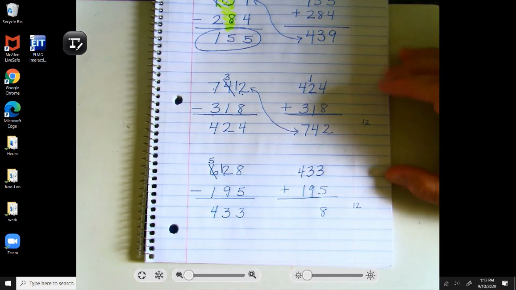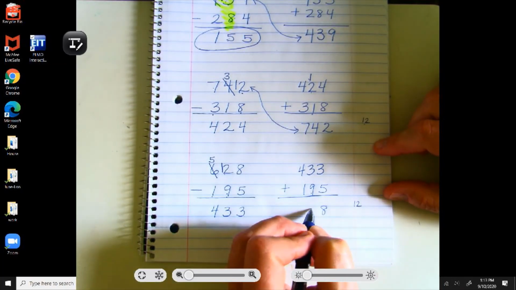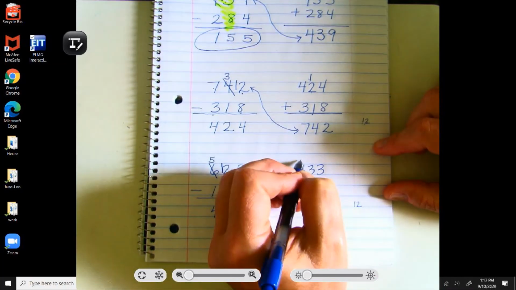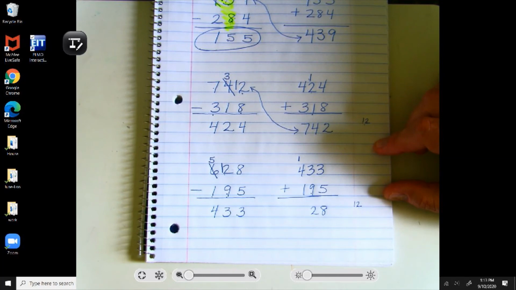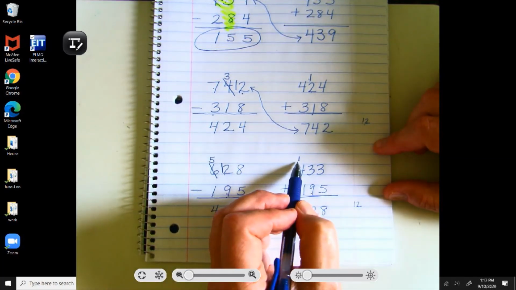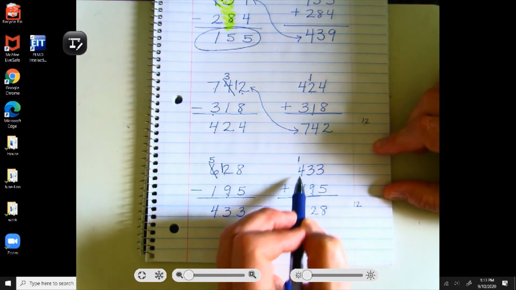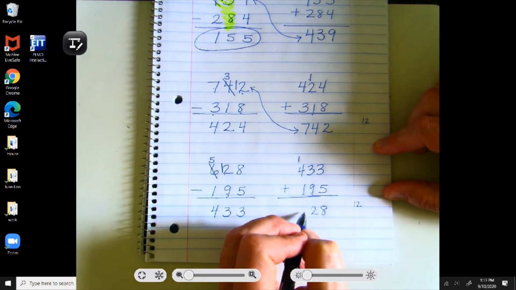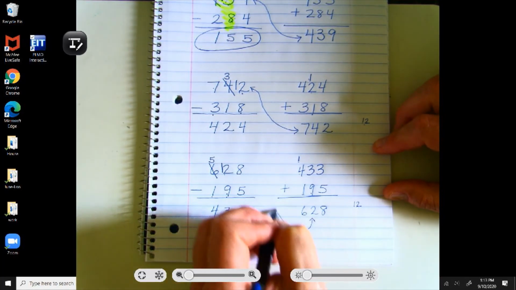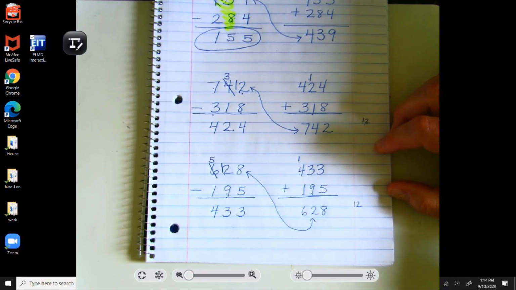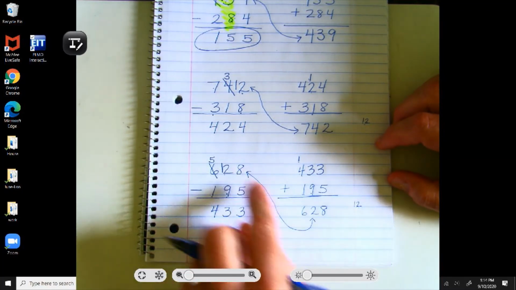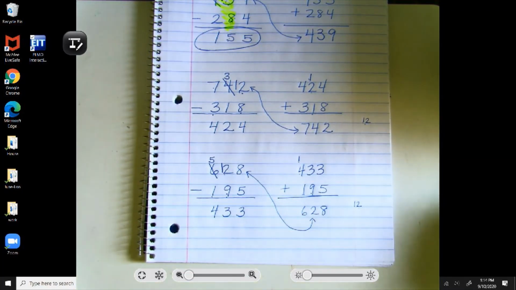Do you remember? Leave the ones. Exchange the tens. 100 plus 400 plus 100. 628. A match. So scholars, the whole matched, so we did that problem correct.